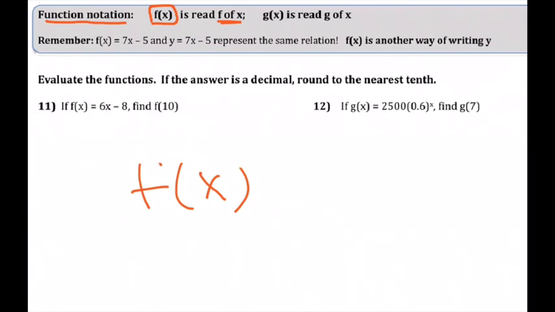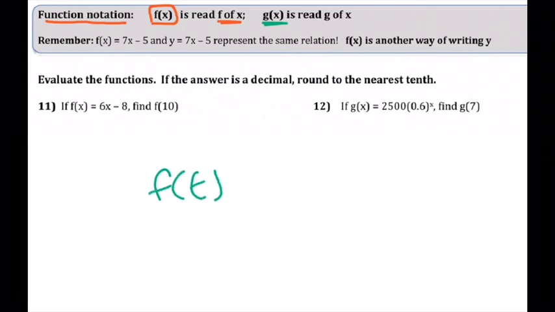And so if I hear you saying fx, I'm going to stop and make you repeat yourself correctly this time, okay? So f of x. And then we've got another name like g of x. You can actually have any letter you want. We could have h of x, q of x, a of x. It doesn't matter. You can actually have f of t. Okay, so you can have any set of letters you want. It just means different things.